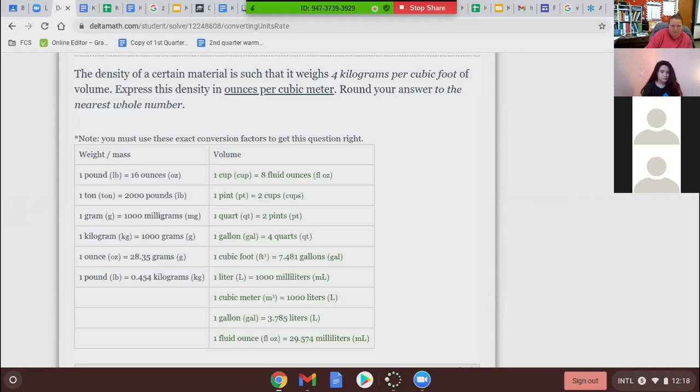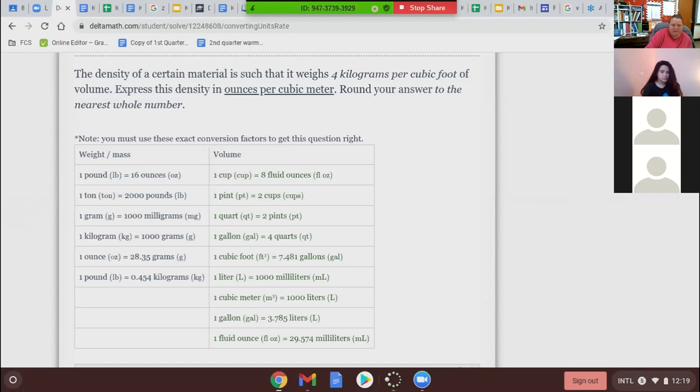So I need one from the left column and one from the right column? Well, the left column helped us take care of the weight, which was the kilograms, the pounds, the ounces. The right column is helping us take care of the volume, which is your cubic feet and cubic meters.